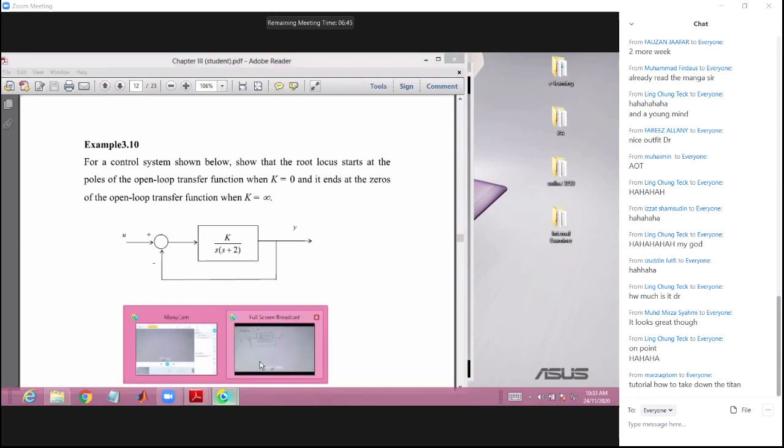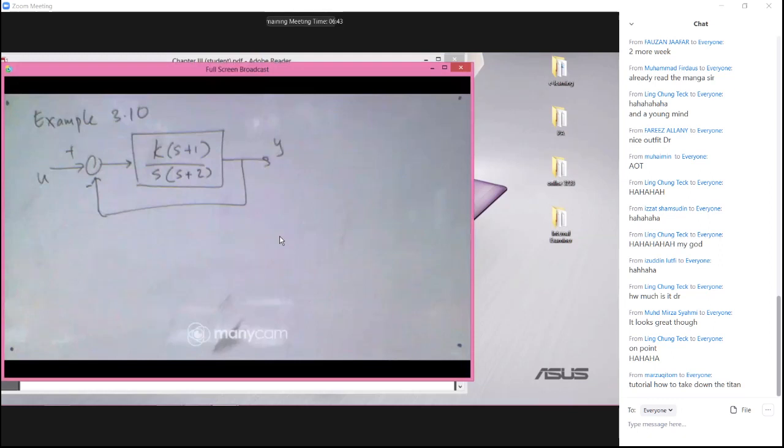All right, so first we get the open loop transfer function.